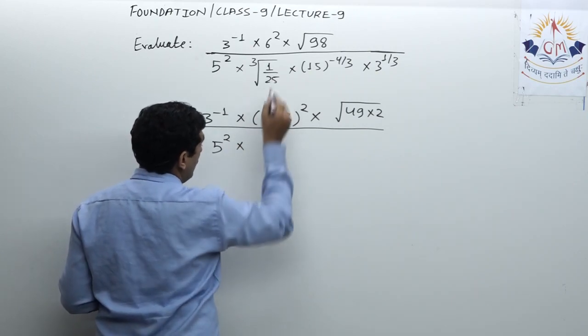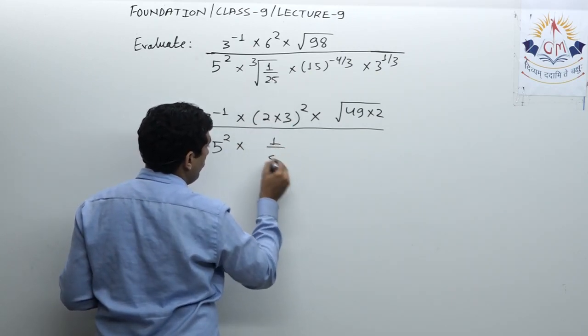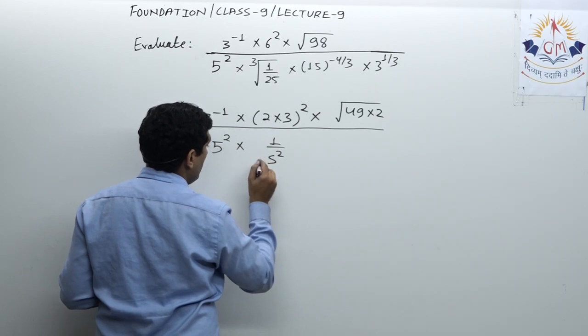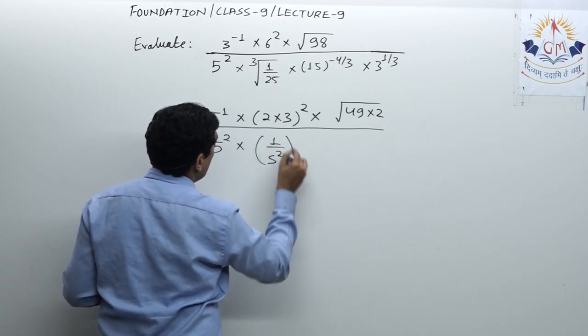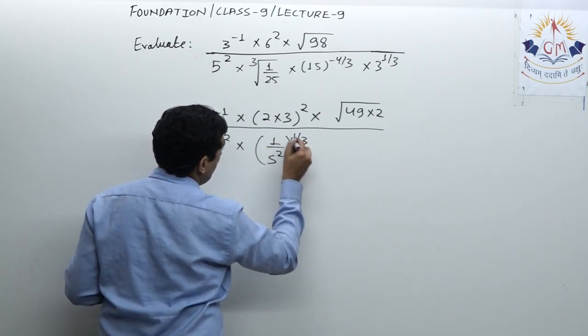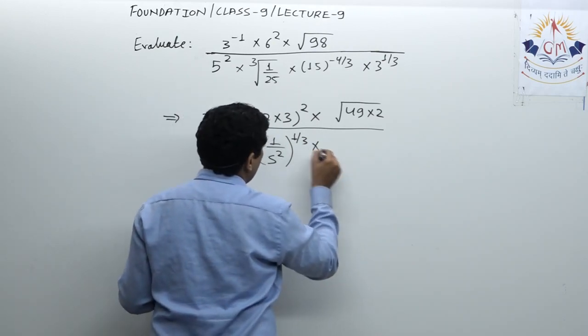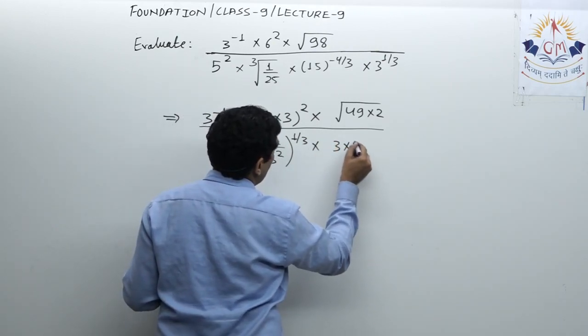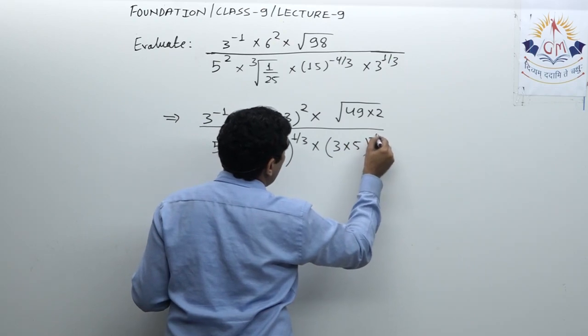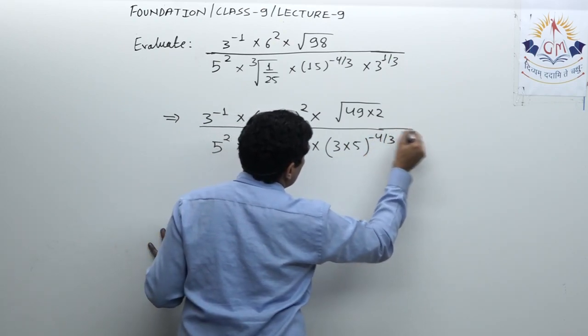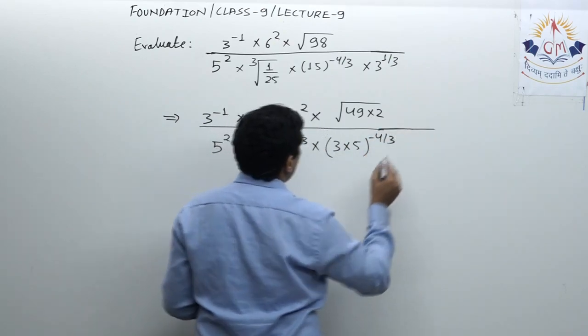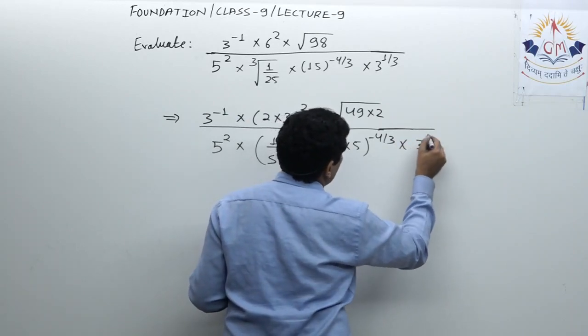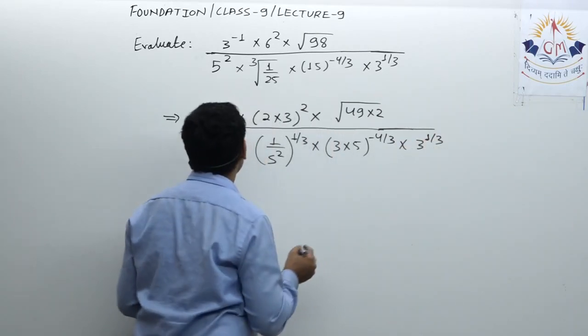Now first of all here I will write 1 upon 5 square raised to 1 by 3. Okay, over here it is 3 into 5 raised to minus 4 by 3 multiplied by 3 raised to 1 by 3.